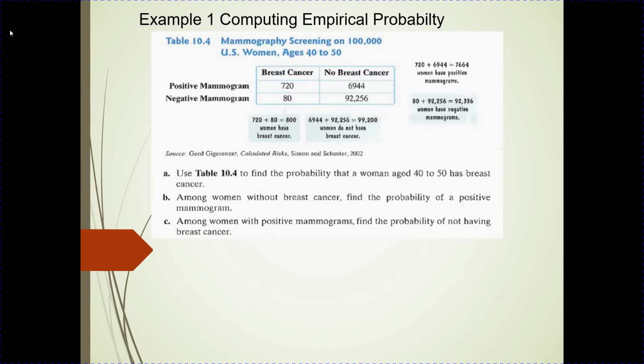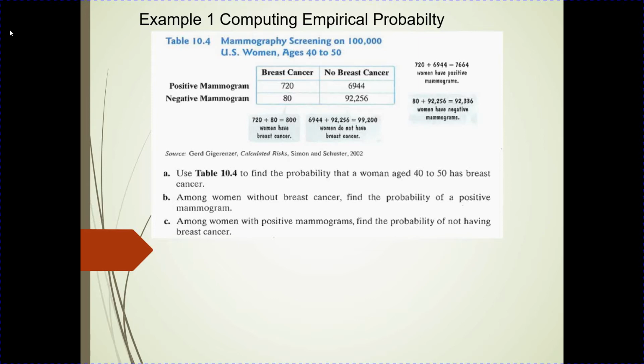So from this question, we understand that we are going to choose a woman with breast cancer from the total number of women in the data. As you can see, the mammography screening is taken from 100,000 USA women. So this is the total sample that we have.